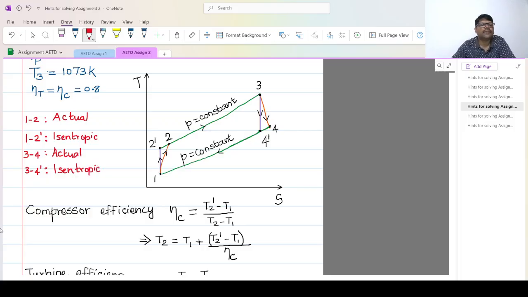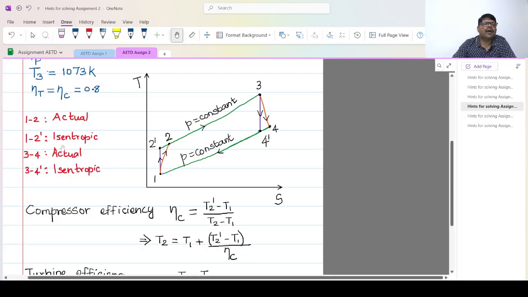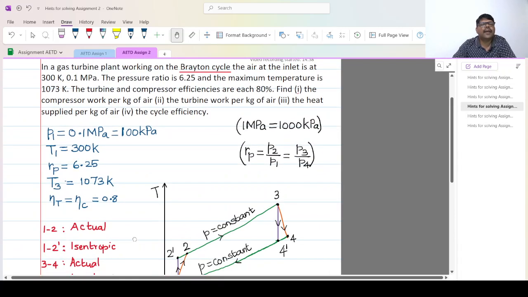Okay. So let us discuss further why we use these two representations, 1 to 2 and 1 to 2 dash. The reason is, in the question they have given the efficiency terms, turbine efficiency and compressor efficiency.